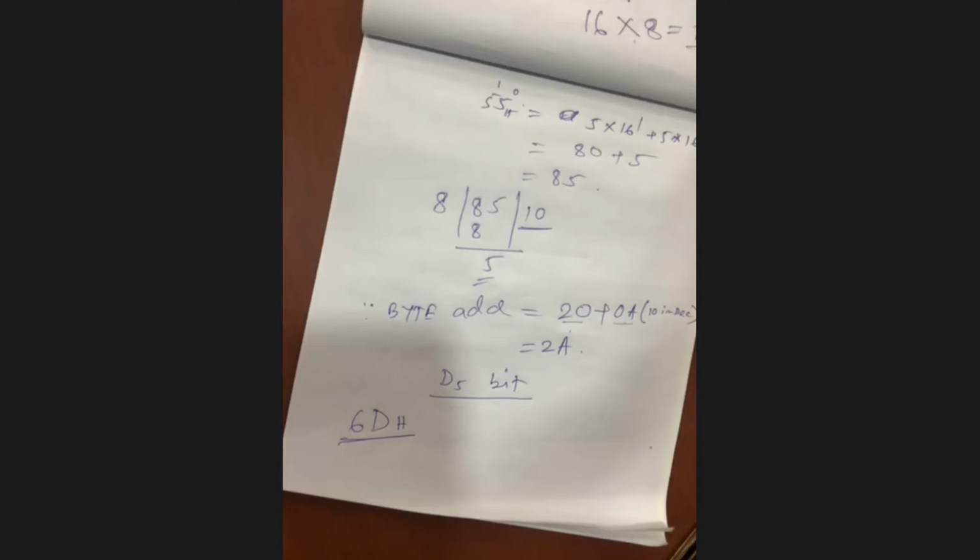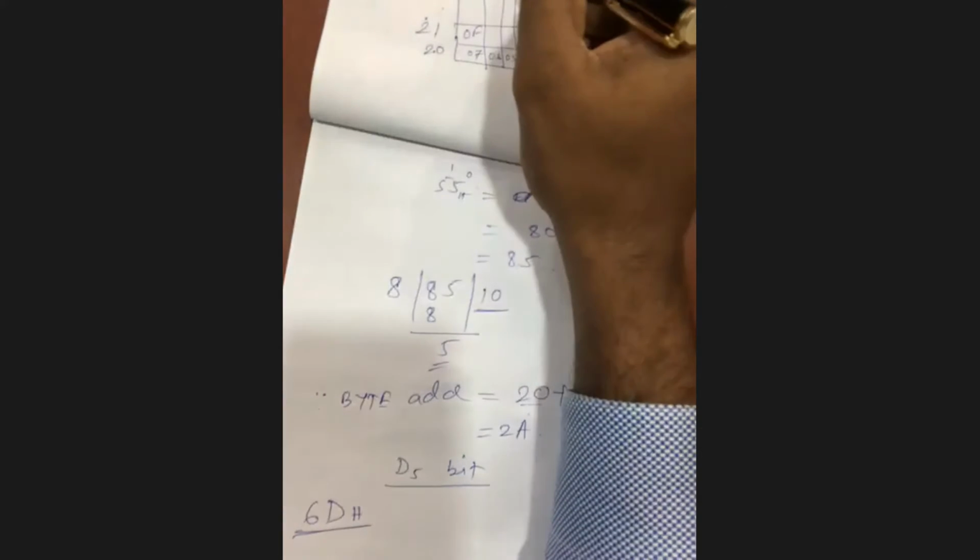First 6D should be converted into decimal. Sir, is it 2D and D5? I don't know the other answer. What will be your answer? 2D.